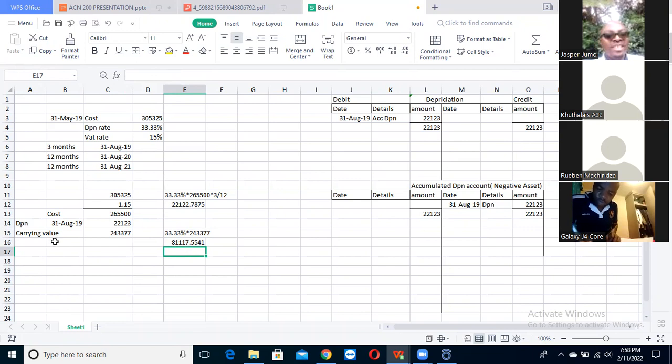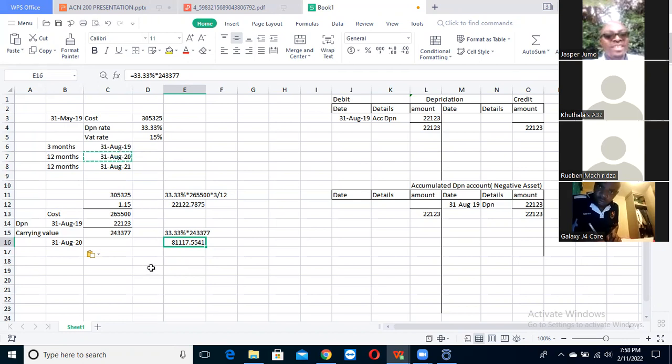So for the year that ends on 31 August 2020, it has 12 months. And remember, the 33.33% is for the whole 12 months. So as at 31 August 2020, our depreciation charge was 81,117.